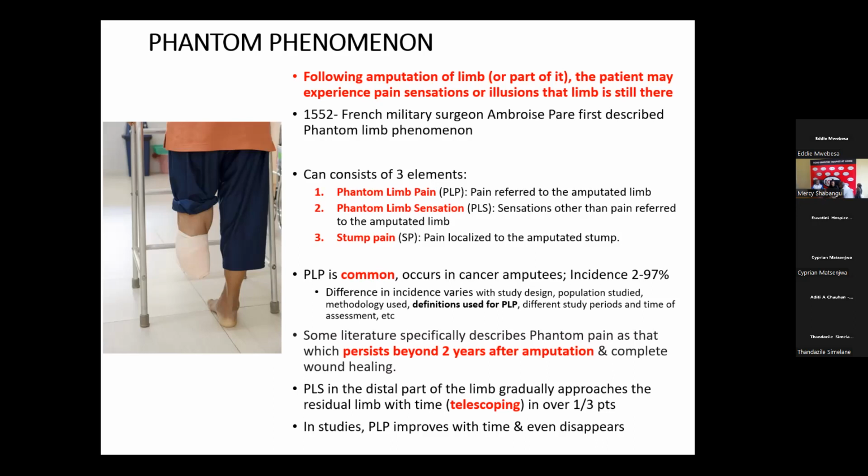So it is sort of receding upwards in a phenomenon called telescoping. Telescoping occurs in many patients, and usually it comes ahead of the resolution of the phantom phenomenon in that limb for that patient.